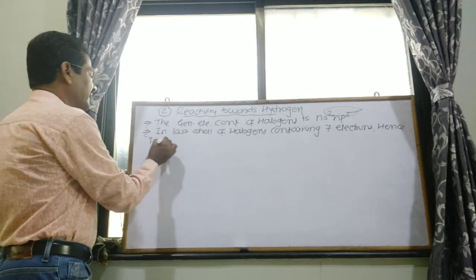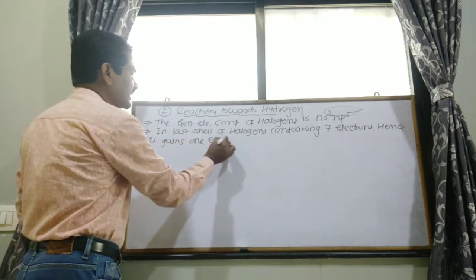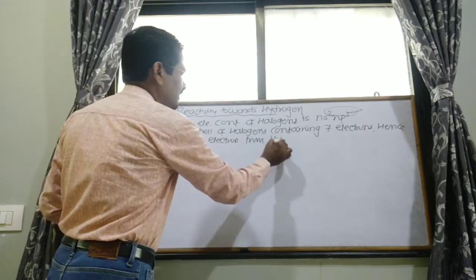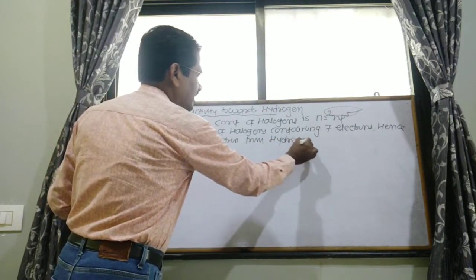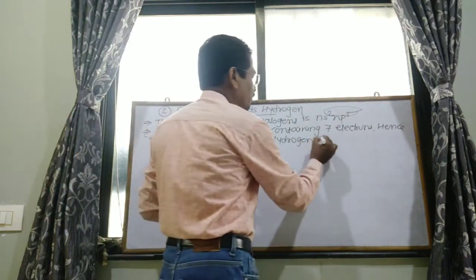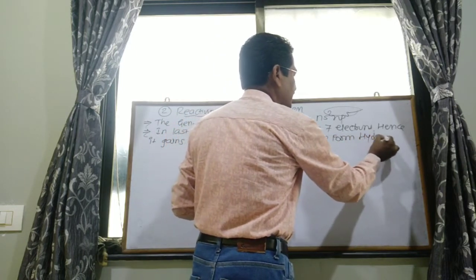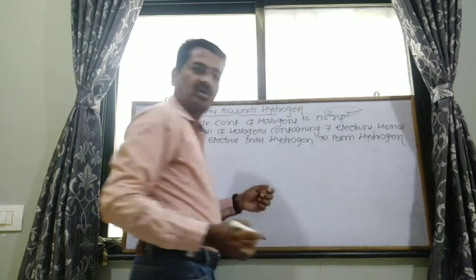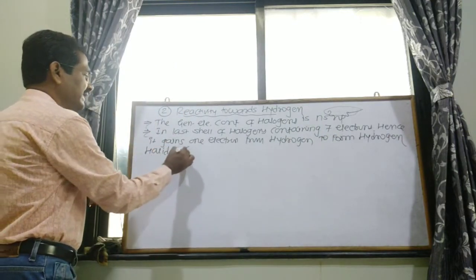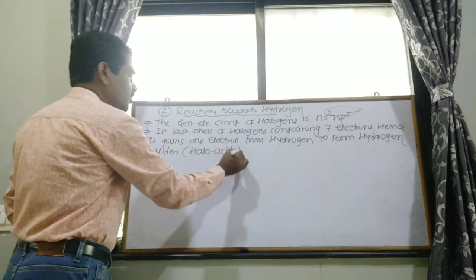hence it gains 1 electron from hydrogen to form hydrogen halides, that is, haloacids.